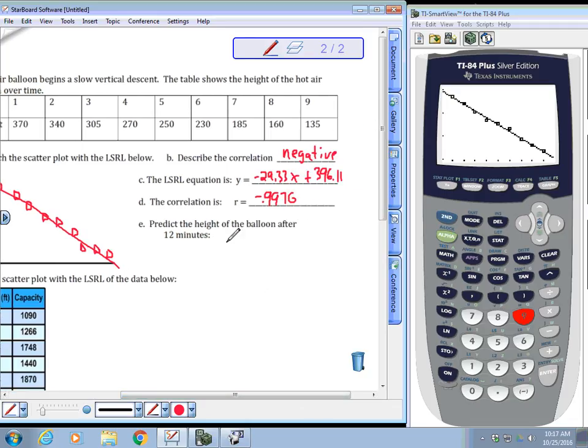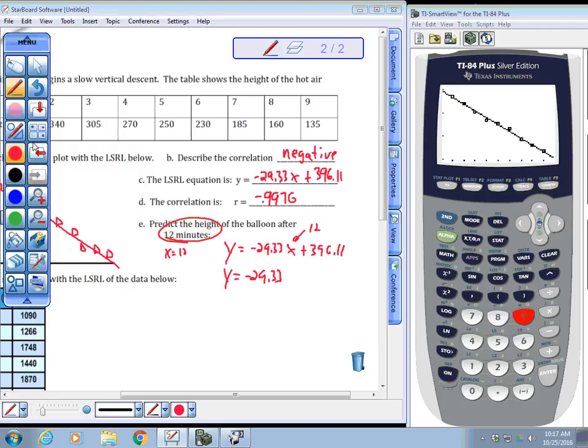The last thing we have to do is put 12 in for x. So x equals 12 into the equation of y equals negative 29.33x plus 396.11, putting 12 in for x. So we will have y equals negative 29.33, we'll put 12 in for x, plus 396.11.